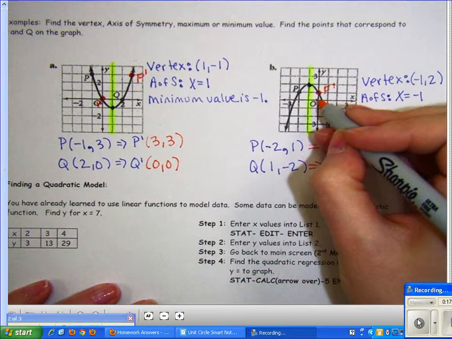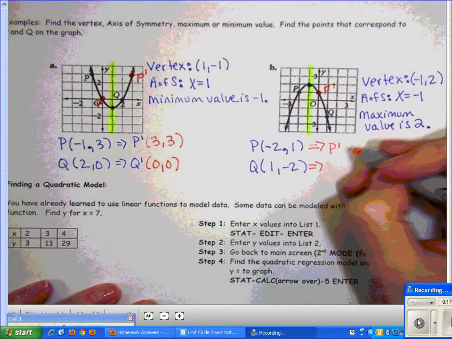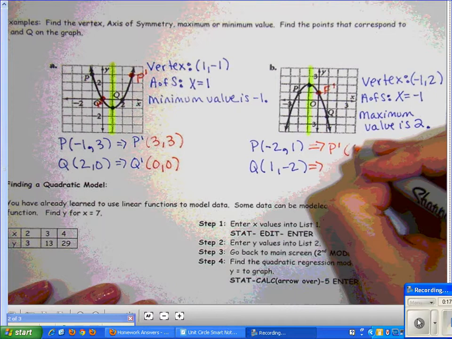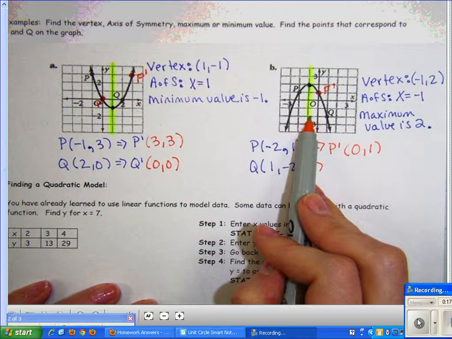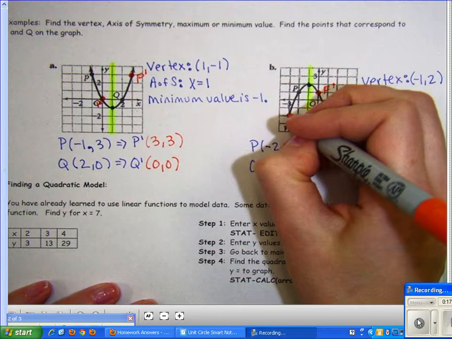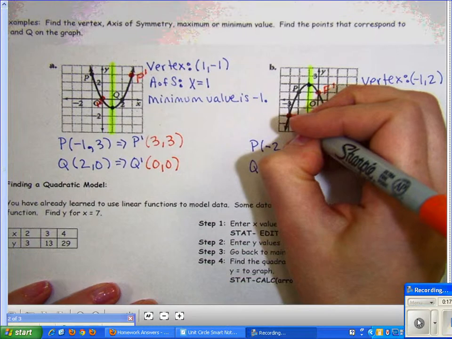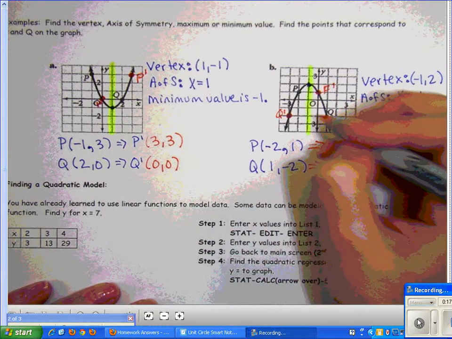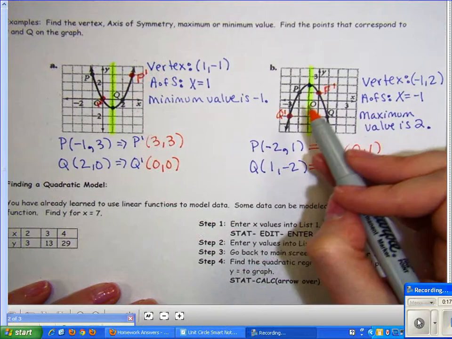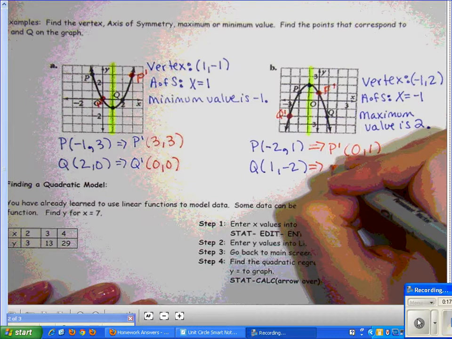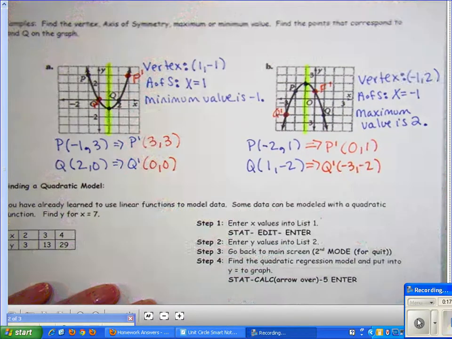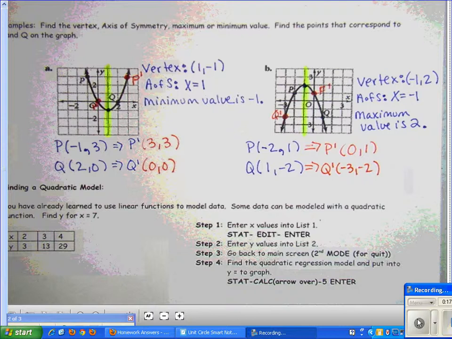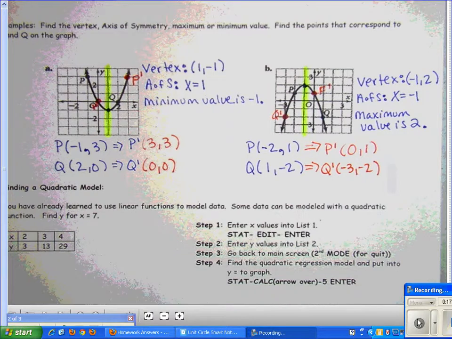So that's at 0, 1. And then Q prime, since Q is 2 away from my axis, 2 away on the other side would be right here. So if I fold my graph in half, this would be the matching or corresponding point. So that's at negative 3, negative 2. So those are all the points from my graph.